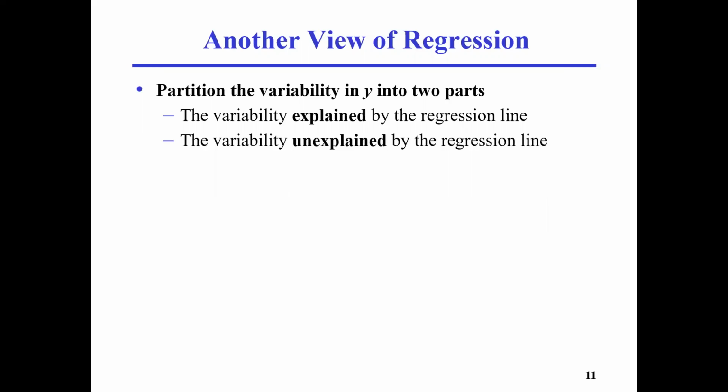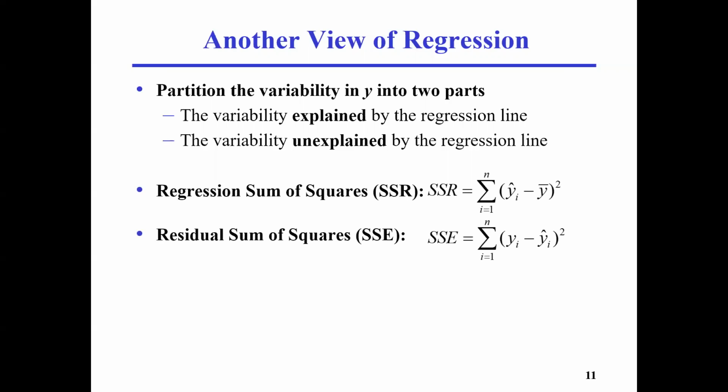The second part is something we do not want. It is addressed by the residual, the variability that cannot be addressed by your regression function. We use different indicators for them. SSR, the regression sum of squares, addresses the variability explained by the regression line.